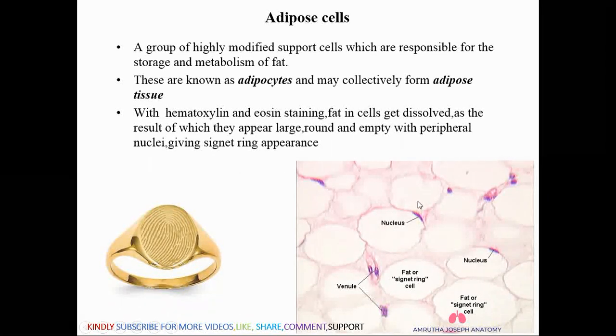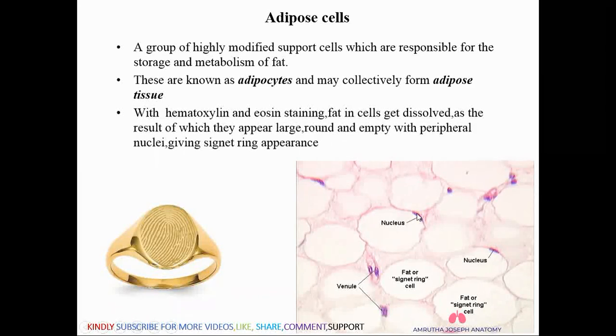Here the adipocytes look empty. That's because making a slide involves a lot of procedures, called histological preparation, and the fat in the adipocytes gets dissolved during the process. That's the reason it looks empty.